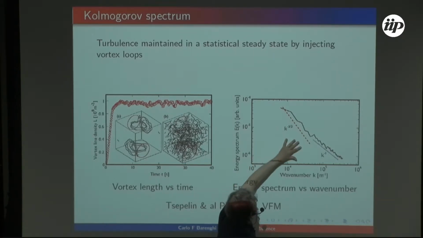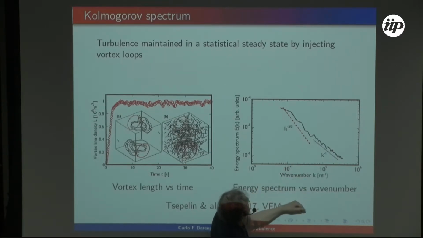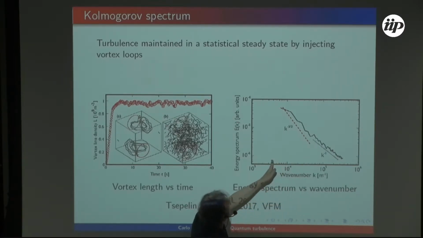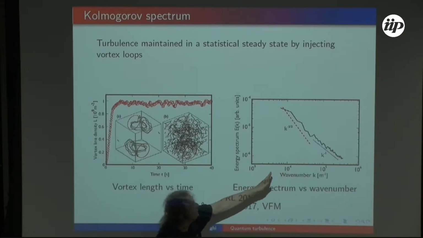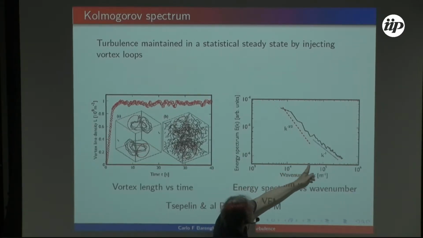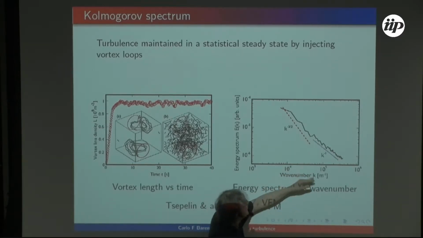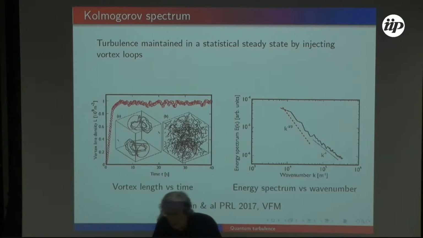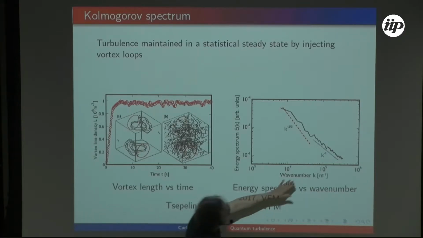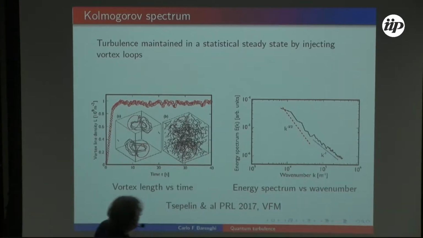So you see the Kolmogorov law in the expected range of wave numbers, from the large scale of the system, with the box size with periodic boundary conditions, to essentially this wave number k corresponding to the distance between vortices. And then, if you go to shorter scales, in the vortex filament method, you just see individual vortices, and you actually look at them very closely. So what you see is essentially the spectrum of a single vortex, which is this decay k to the minus 1, which you can recover by hand.